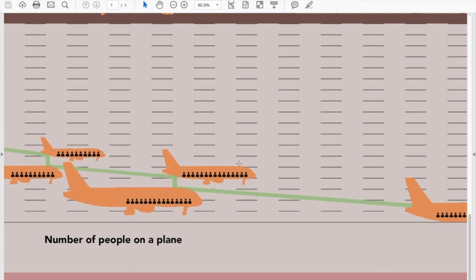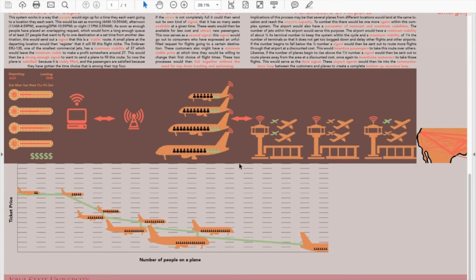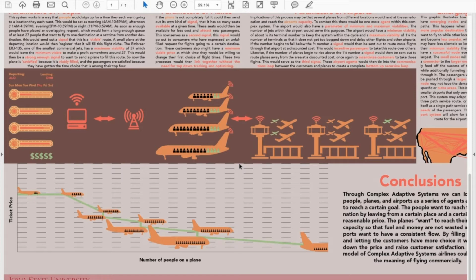Again, the price is subject to fluctuate based on plane size, fuel cost, and what have you. But overall, it's going to be better for the people because it's going to be more of a distributed cost rather than a supply and demand cost, and the airlines are going to continue to make their money, which is good on both ends.